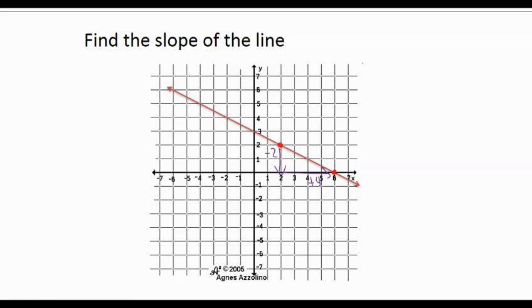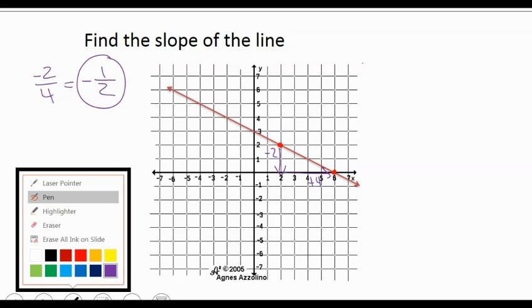So to write my slope then, I'm going to write -2 over 4. Because my slope is the number that you get from going up and down goes on top of the fraction. The number you get from going left or right goes on the bottom. So when you get slope, if you get something that can get simplified, you need to simplify it. 2/4 simplifies to 1/2. And whenever one of the numbers is negative, you take that negative sign and you move it out front. So I get a slope of -1/2.